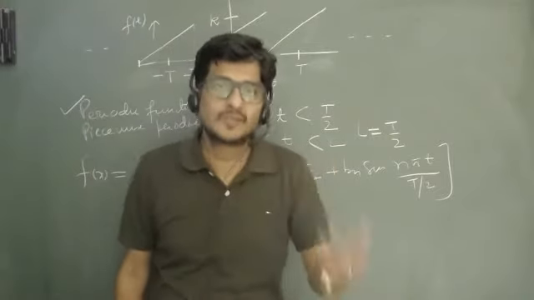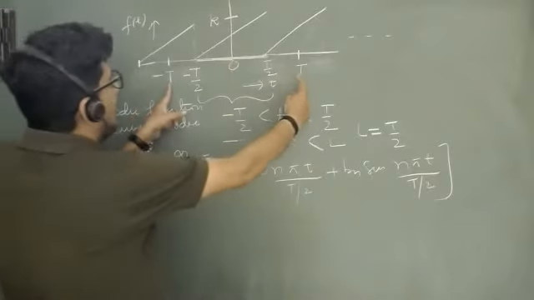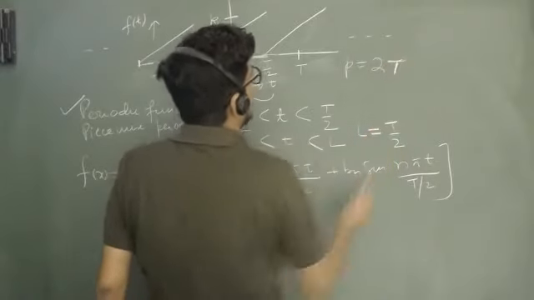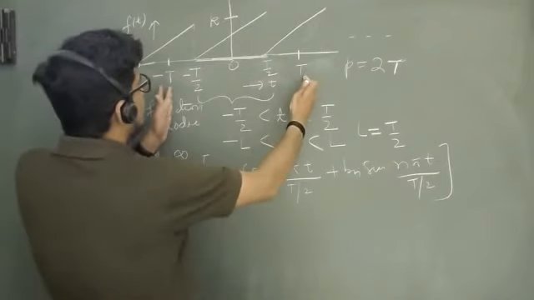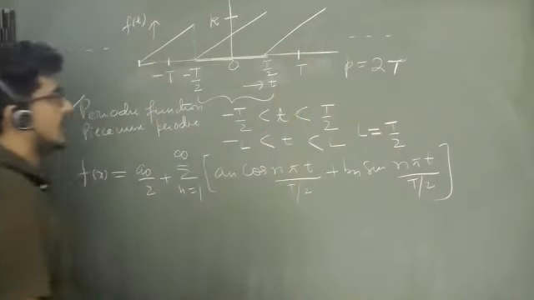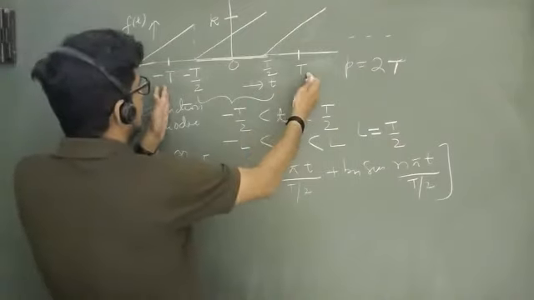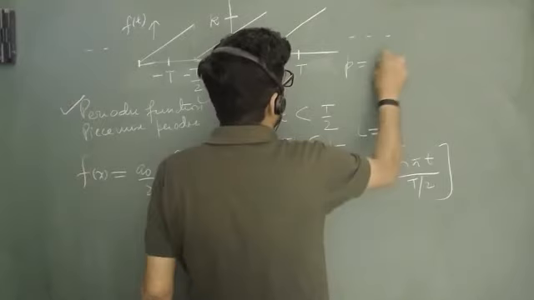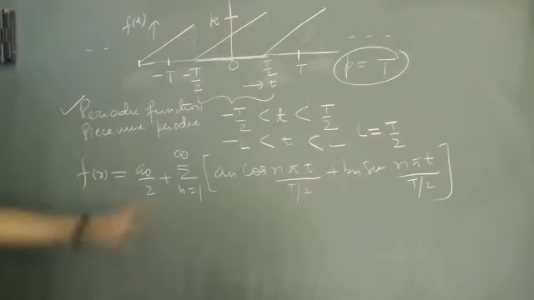There is a natural mistake you can make: you see T and you have always done it with 2L. So they want you to commit the mistake of taking minus T to T and thinking of that repeating in the space. But that is not the smallest thing that is repeating. This is the thing which is repeating. So here P will become T, not 2T. The period is T, so accordingly everything has changed.